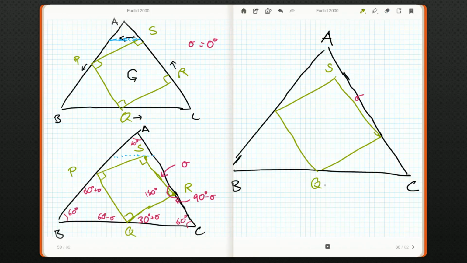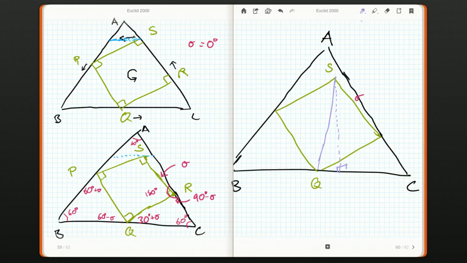And Q always lies on BC, so maybe we can drop. We want to talk about this length right here. QS is a diagonal of our square here. So if we can figure out the side length of the square in terms of sigma, which I have to believe we can, we'll definitely get this hypotenuse here.